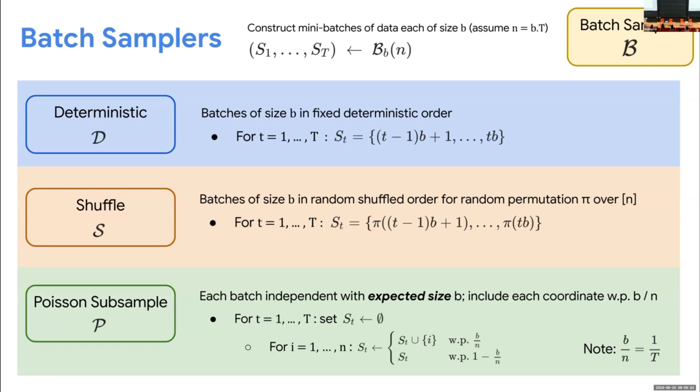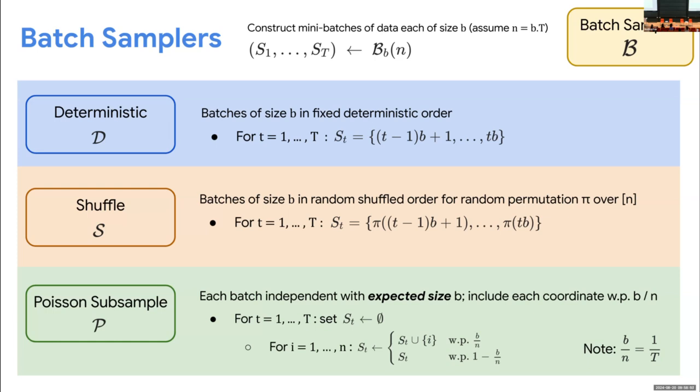Here, each batch is sampled independently by including each example with probability B over N. So each example is independently added with probability B over N, and you get an expected batch size of B. Now the batch size is not exactly B, but just to keep the comparison fair, I will still stick to B over N being equal to 1 over T, so that the number of examples is still expected batch size times number of steps.